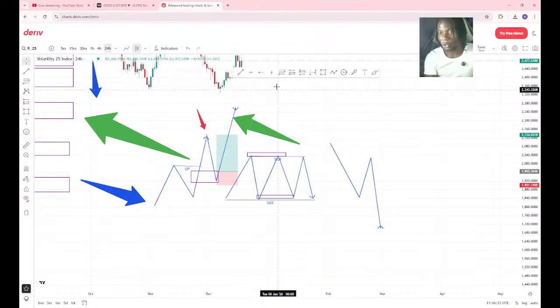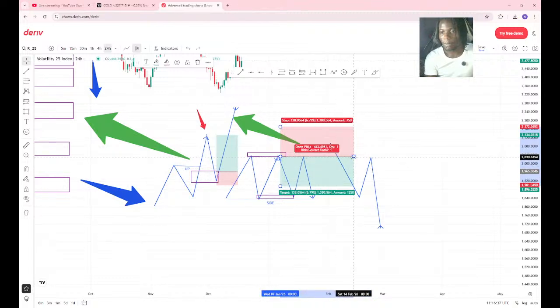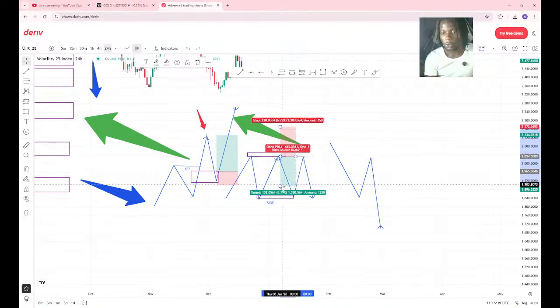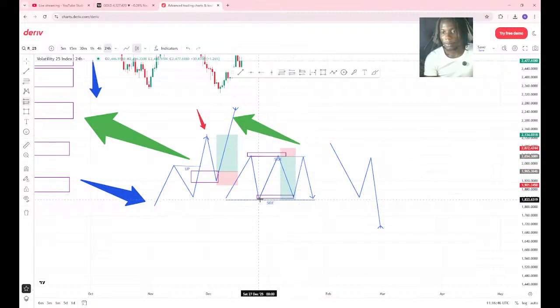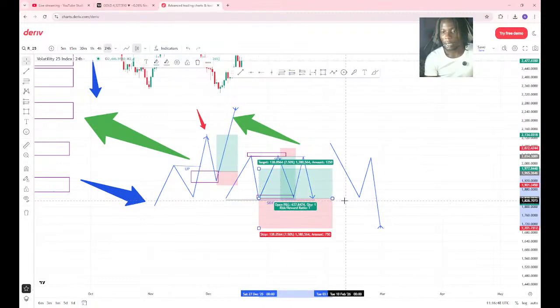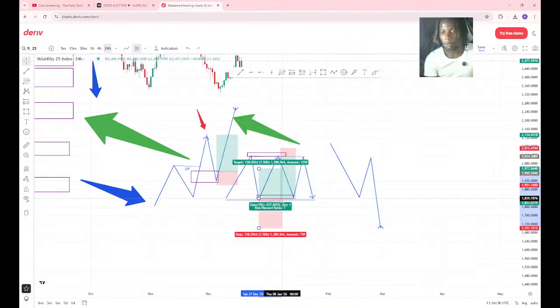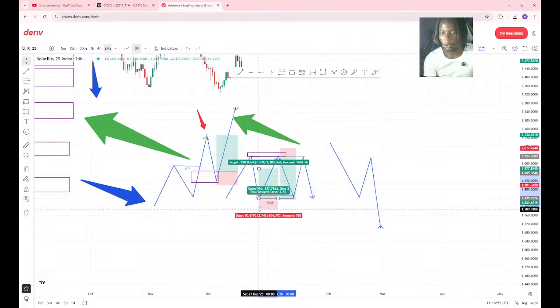I just want to show you how it works because we are focusing on market structure. This will be base to base movement. So when somebody sees this, they'll get the whole concept of how market structure works without moving an inch.